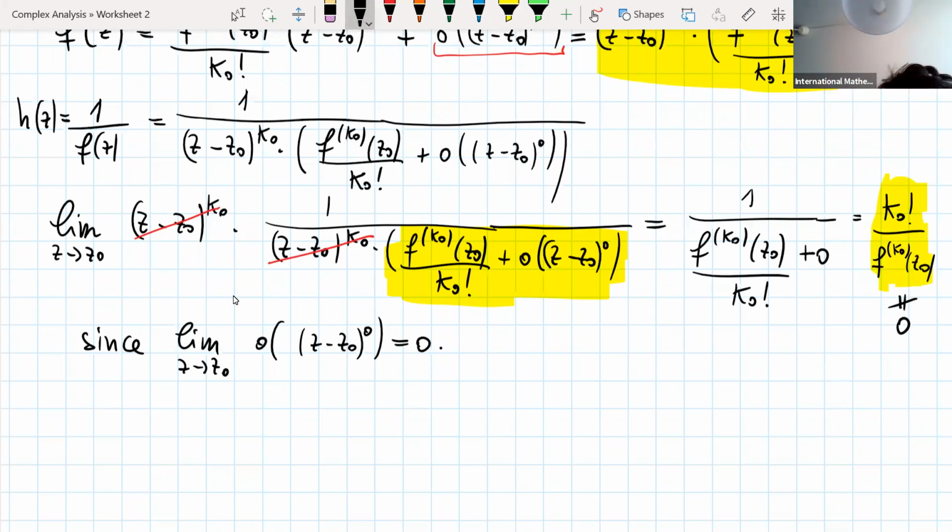This is different from 0. And so we know that this means that the function 1 over f has a pole of order k0.